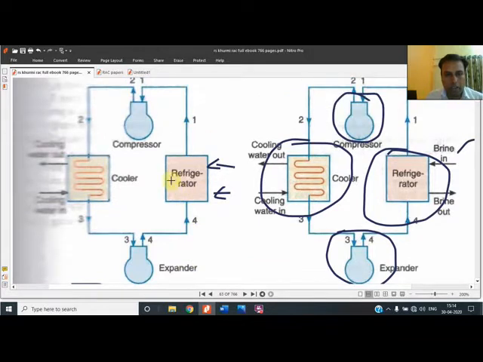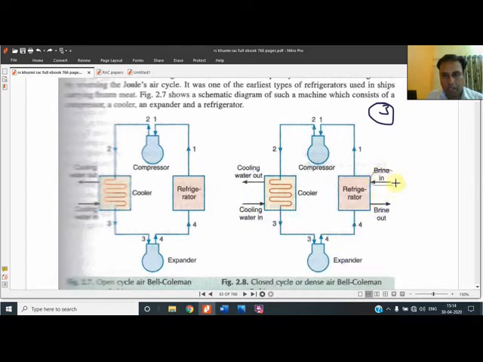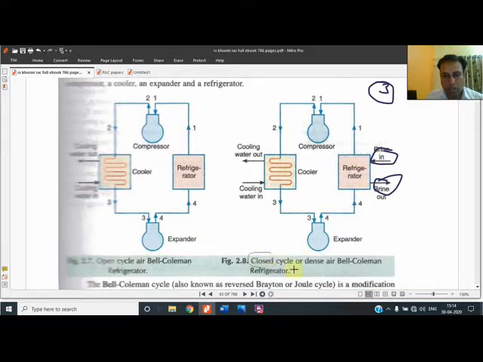If you are mixing both, or if you are not mixing and using a heat exchanger, as in the second diagram, brine is coming in and going out, giving its heat to the air and getting cooled. If both are not mixing, then it is called a closed or dense air system, because the same air is used again and again.